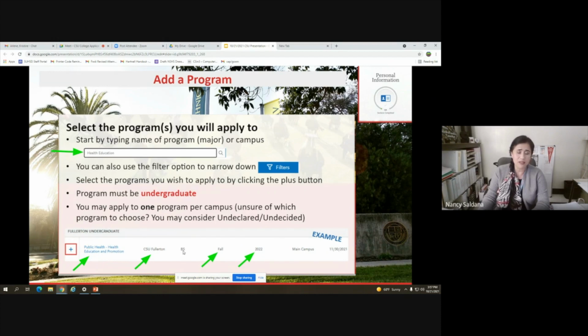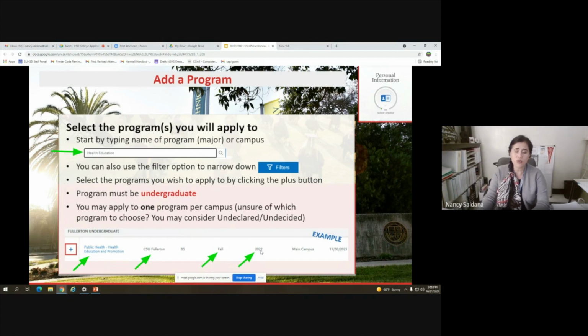BS means the student is applying for a Bachelor of Science, so you also want to confirm that. And you also want to confirm that you are applying for fall 2022.